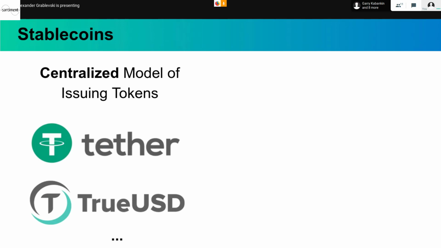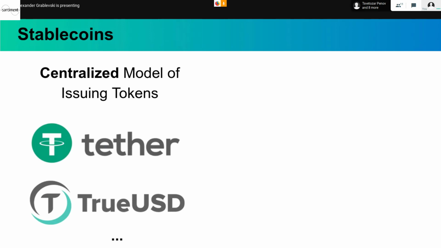There were some centralized models of issuing such tokens, for example, Tether. Some years ago, they managed to build a stablecoin called USDT, and it was backed by the dollar. But the problem was the centralized model of issuing tokens. What does it mean?